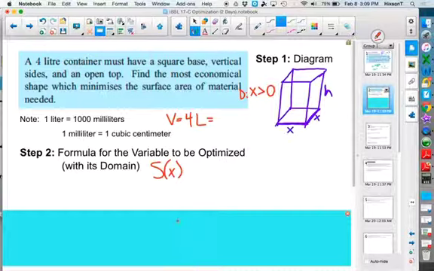So let's think about this. A liter is 1,000 milliliters, and 1 milliliter is 1 cubic centimeter. So how many cubic centimeters would be in 4 liters? 4,000 cubic centimeters.